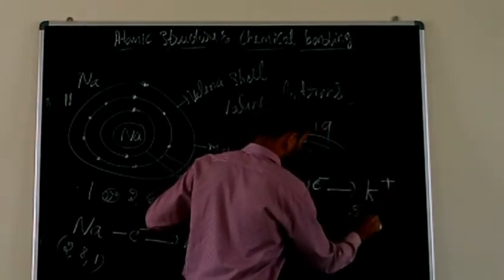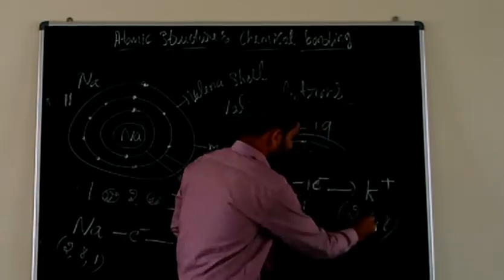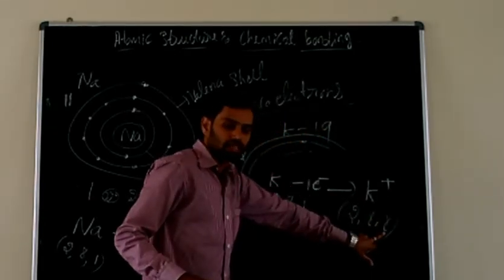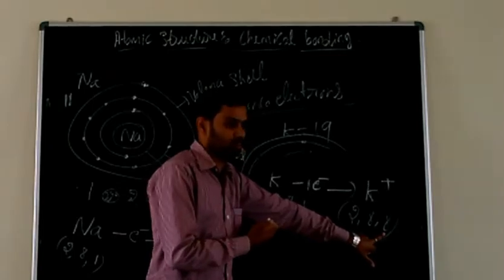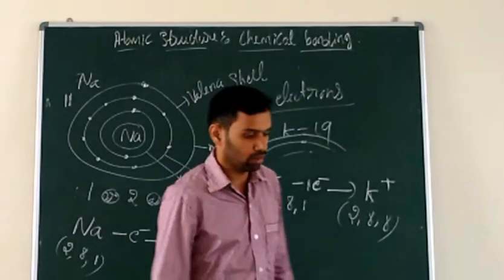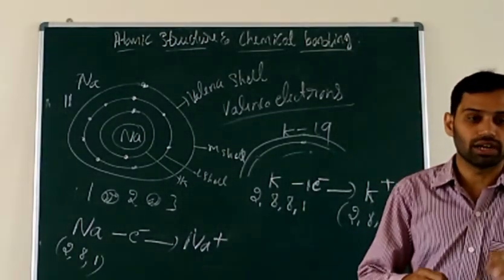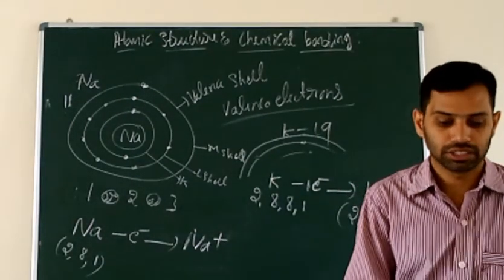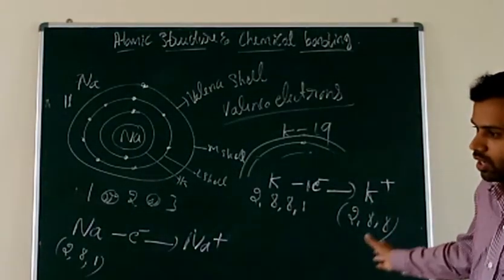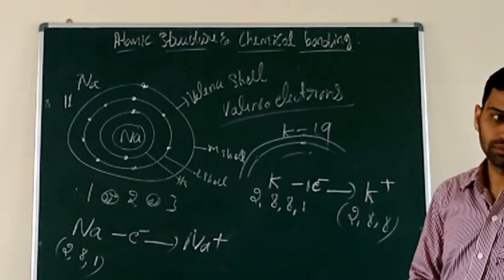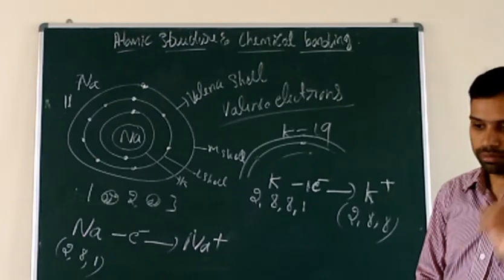Now look at 2, 8, 8: the outermost shell is completely filled with 8 electrons, so it attains the stable state. By losing 1 electron, it gains the positive charge as well as the stable state. They are called good reducing agents.